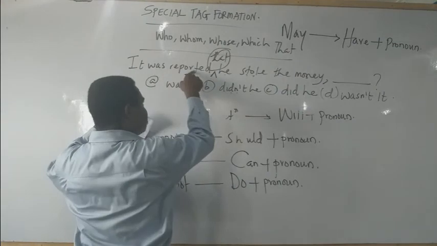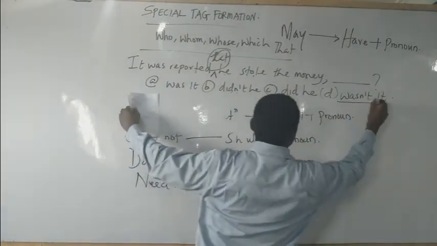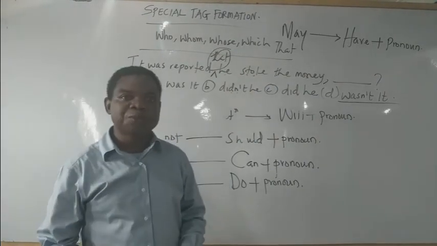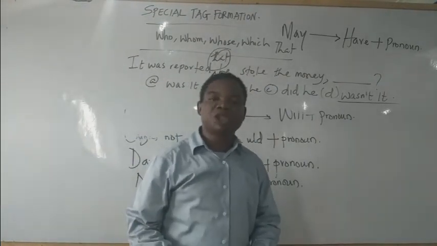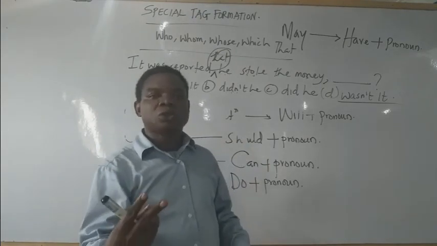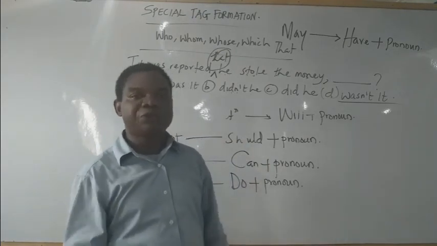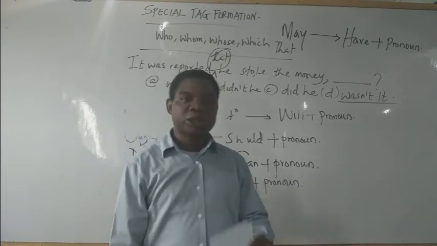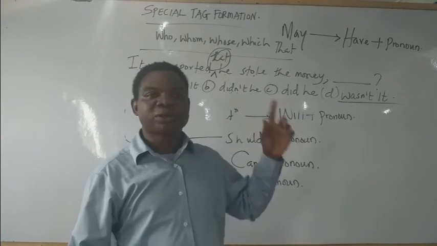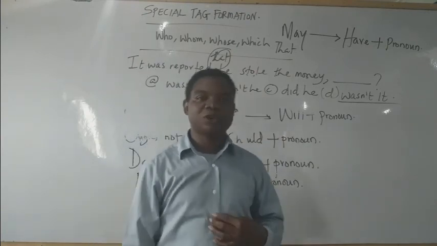It was reported. Answer is what? Wasn't it? Simple. So it is the verb of the first clause that determines the tag formation, where relative pronouns are used to separate two clauses. This is the end of the class on special tag formation.